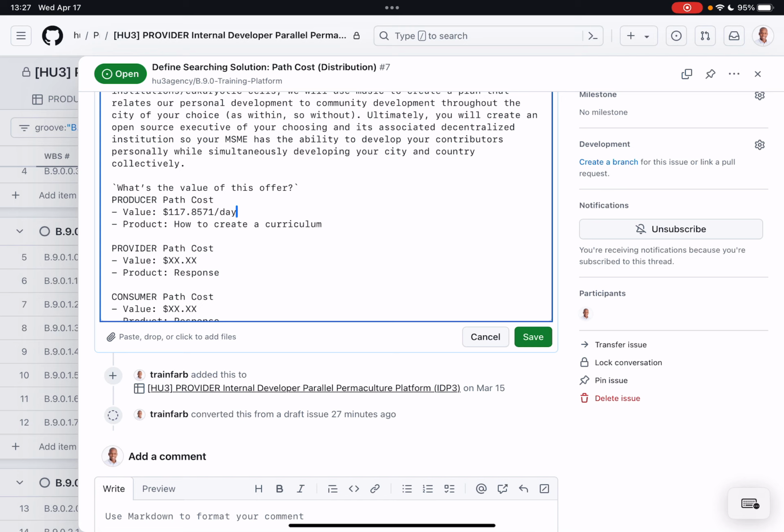Okay, so like per day for 8 days, because that's how many days it'll take to create the curriculum. So let's do this: 117.8571 times 8. So that's 942.8568.